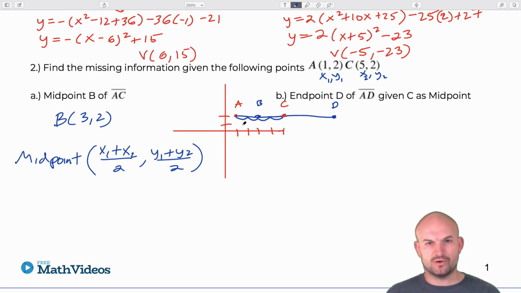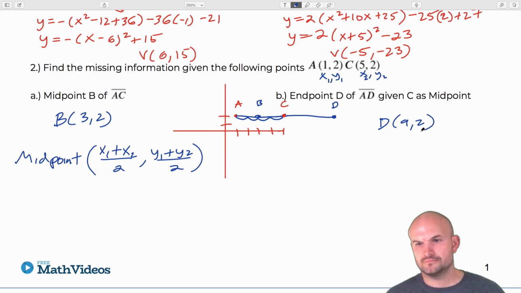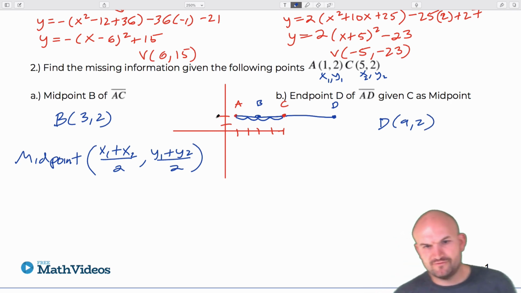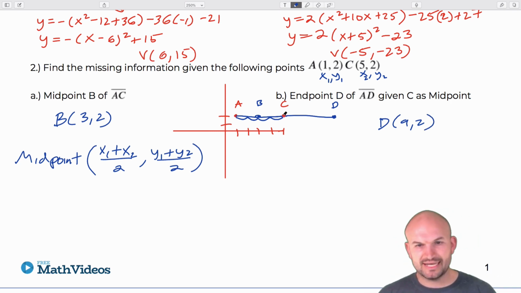So I'm at 5, 2. If I just add 4, my D is just going to be at 9, 2. Because from here to here is going to equal that, then you just add another 4 more.